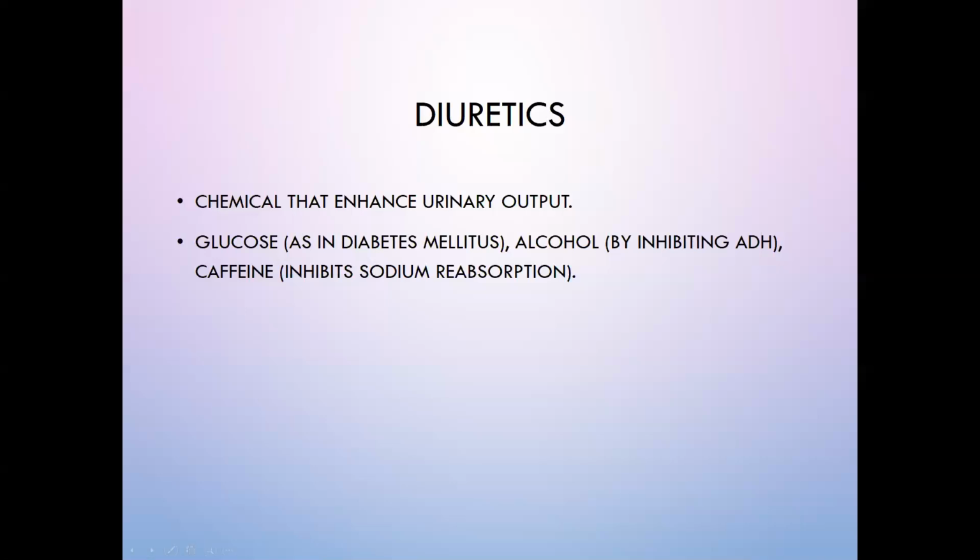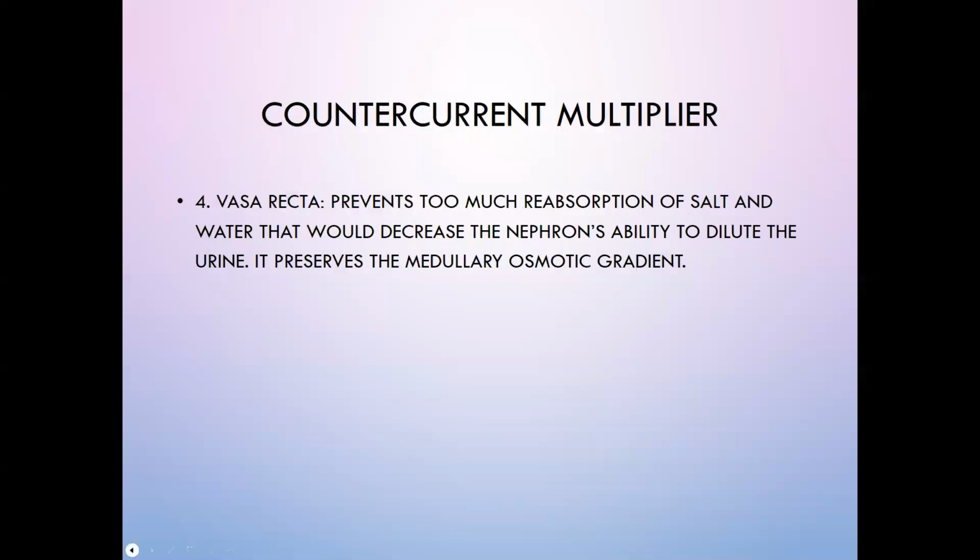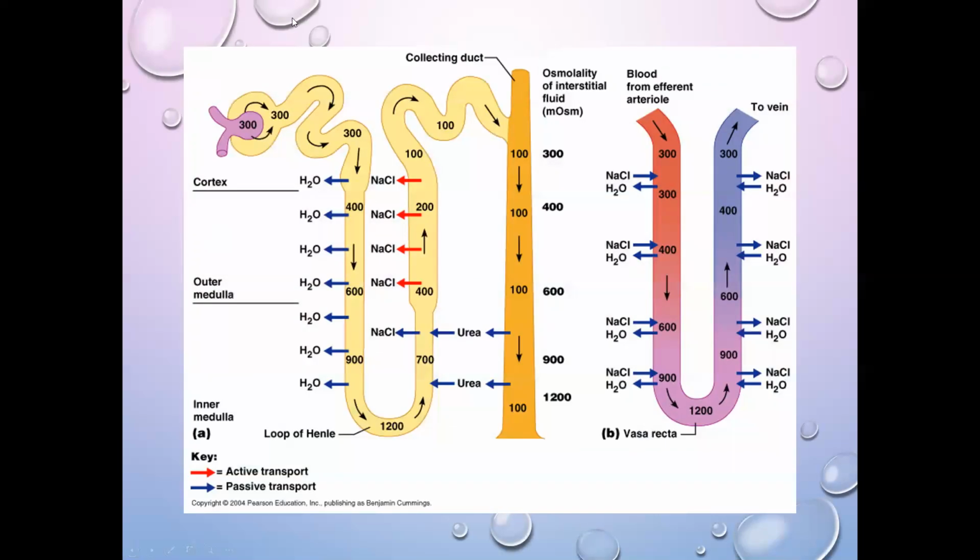Exactly. Okay, so let's go back to that thin descending limb. Here the water's going out, but if I keep it higher inside here than what is outside here, what's the water going to want to do? It's going to want to stay. By having a lot of glucose, remember, it's osmolarity, so it doesn't matter what constituent it is.